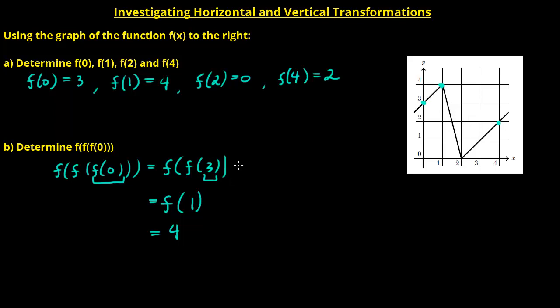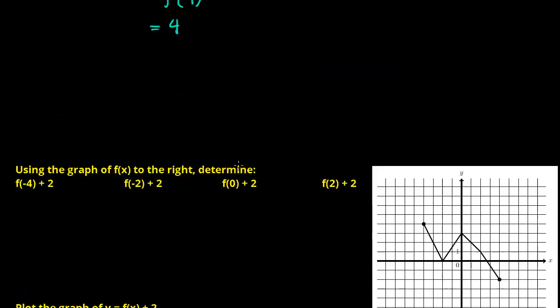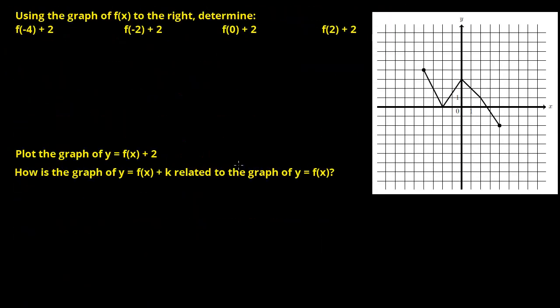Let's continue on. In this next example, we're told using the graph of f of x to the right, to determine f of negative 4 plus 2, f of negative 2 plus 2, f of 0 plus 2, and f of 2 plus 2. To evaluate f of negative 4 plus 2, let's look at the y value of the graph when x is negative 4.